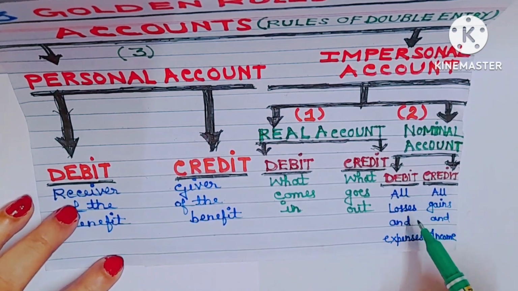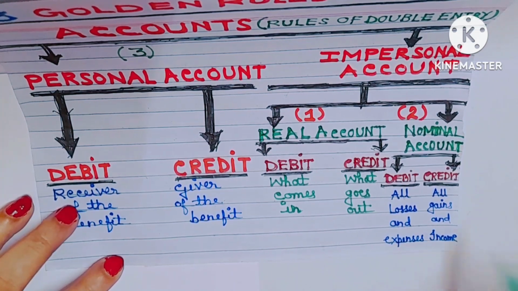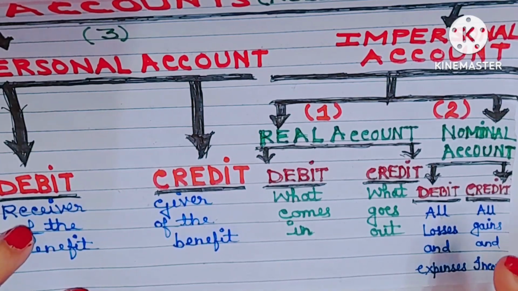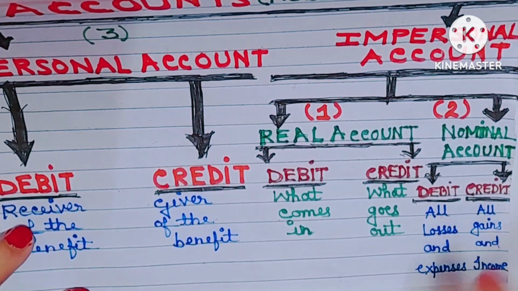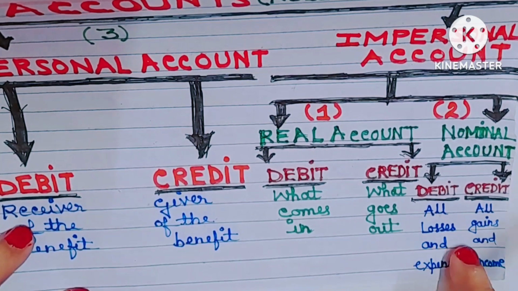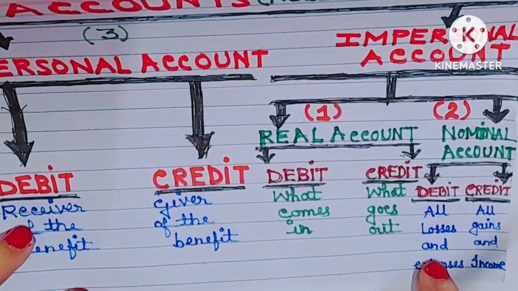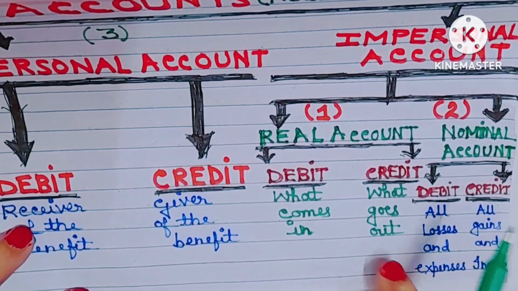Advertisement expenses account is an expense for the business. So, advertisement expenses account will be debit because advertisement expenses account comes under nominal account. That is the reason we have debited advertisement expenses account.